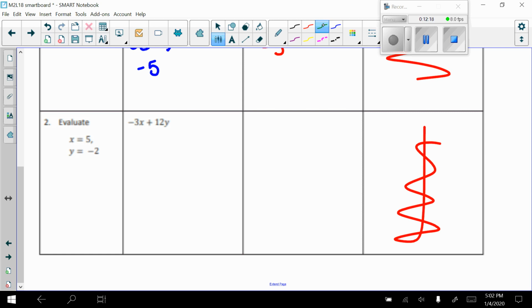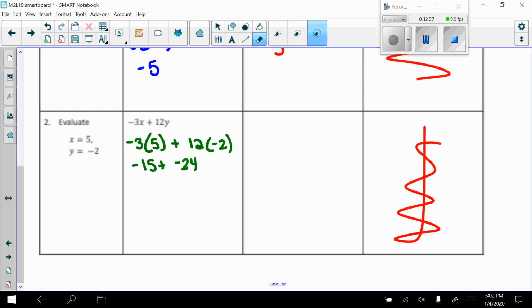And then we're going to go to negative 3, and x is supposed to be 5, plus 12, where y is negative 2. So negative 15 plus negative 24 is negative 39. Sorry, negative 39. I knew that. Now, there's nothing to distribute, but we can factor out. So I'm going to take a 3 out of both, which leaves me with negative x plus 4y.